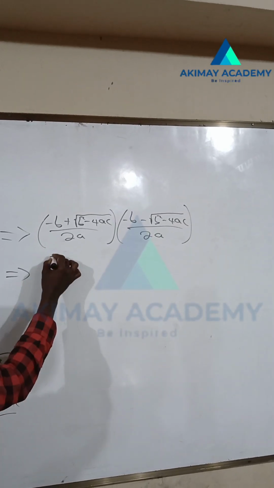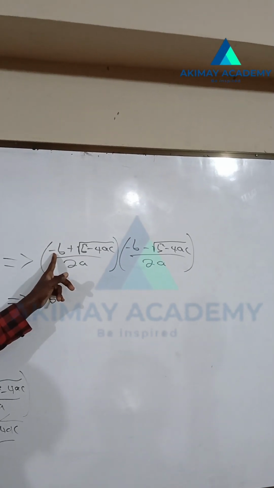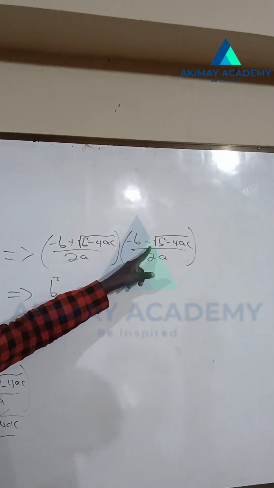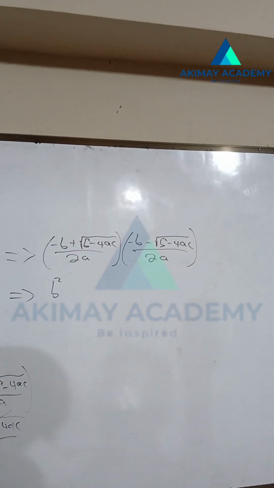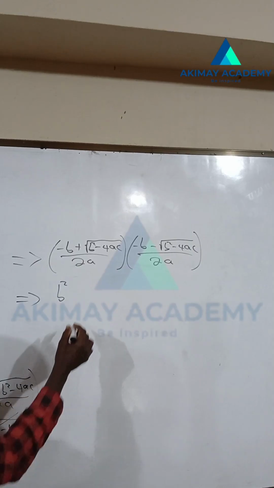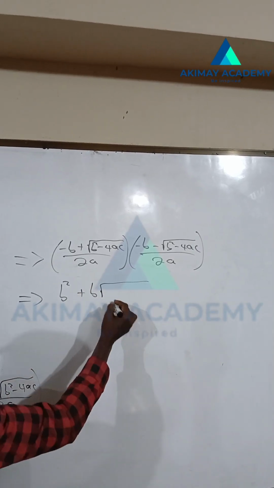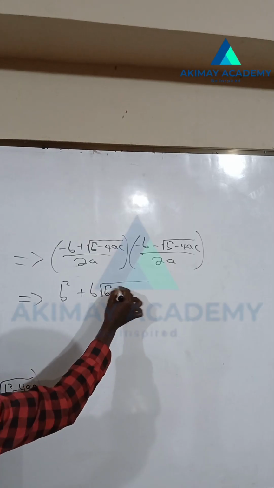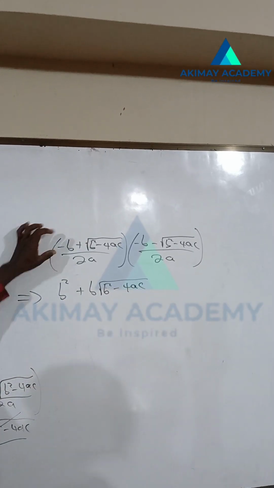Then minus b times minus root of b squared minus 4ac. The negative will cancel the negative, so we are going to get positive, plus b square root of b squared minus 4ac. Good. Then we are done with the minus b.